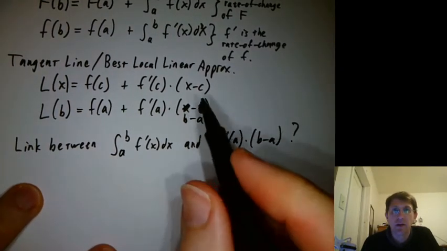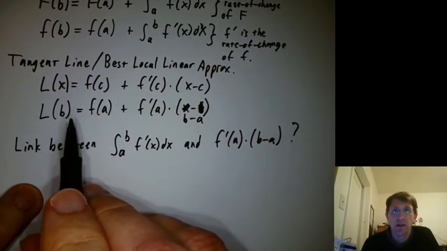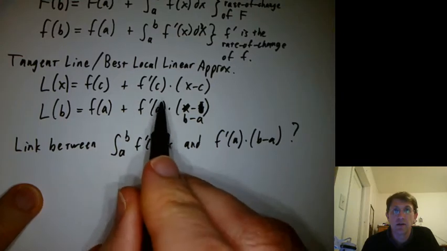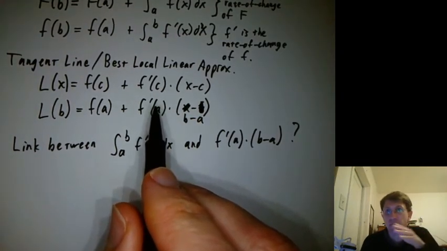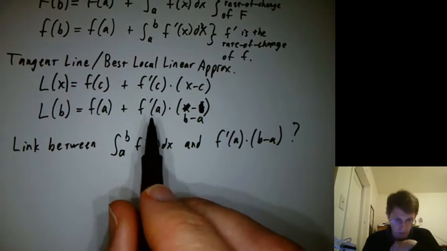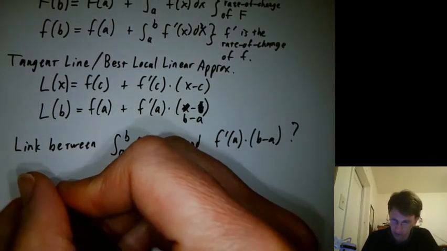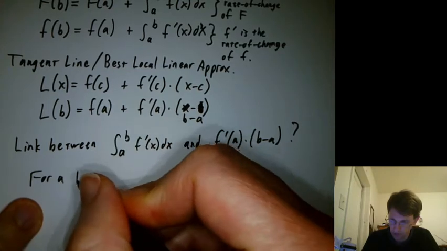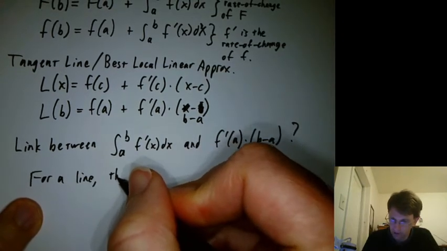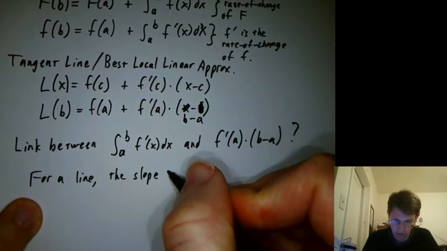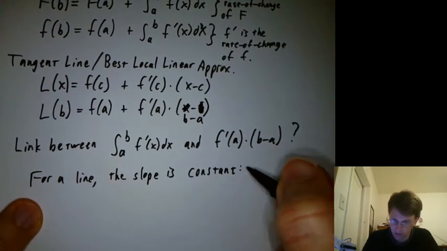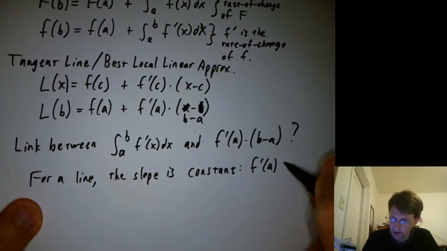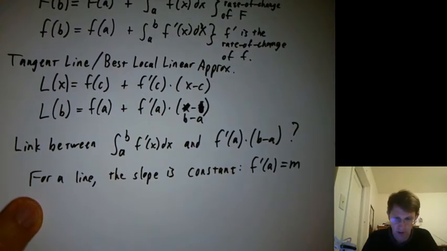Well, let's remember that for our tangent line, we're using a constant slope. We're using the slope at our anchor point to predict out into the future. So let's write that down. For a line, the slope is constant. So we're using f prime at a, and that's our slope m.